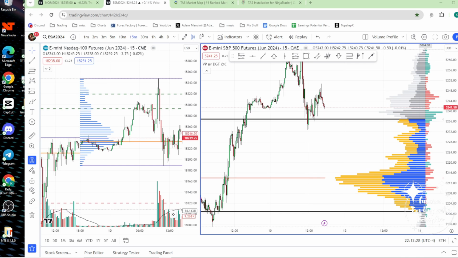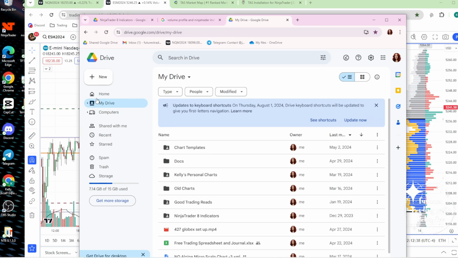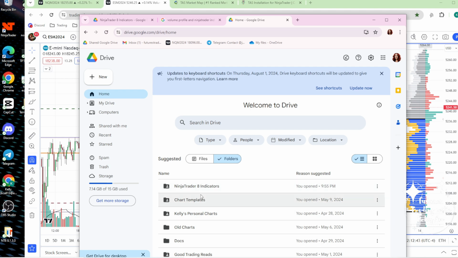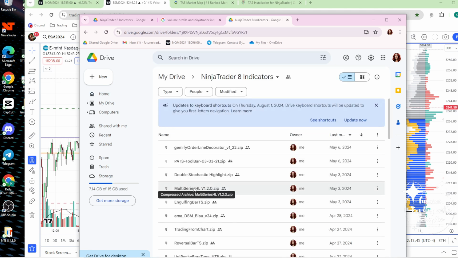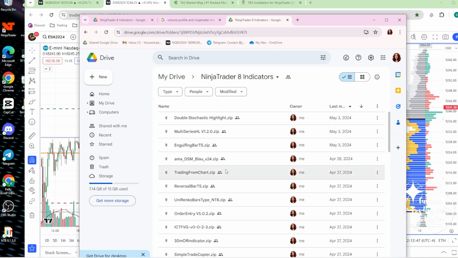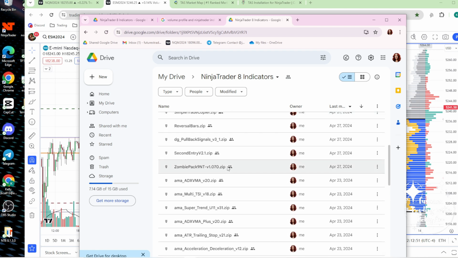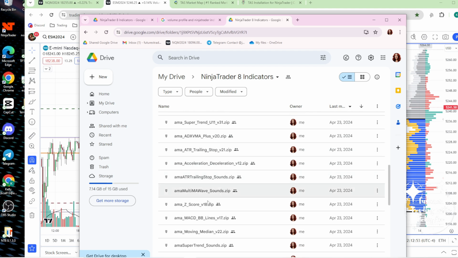Okay guys, so I did a deep dive search to see if I could find a free volume profile tool, and I could not find one. In the Google Drive here, if you go to folders and indicators, there is a volume profile tool in here. I tried to install it, but it says it's not compatible with my version.